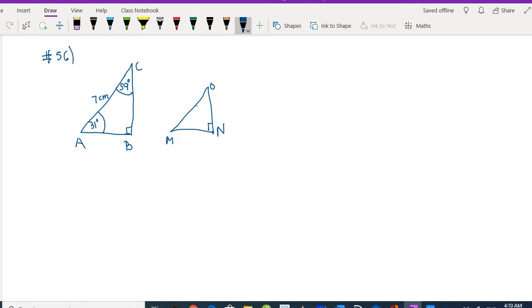Right, this angle here is also 59 degrees because it is similar to the one drawn, ABC, and this angle here is also 31 degrees. So the question says, what is the length MO?